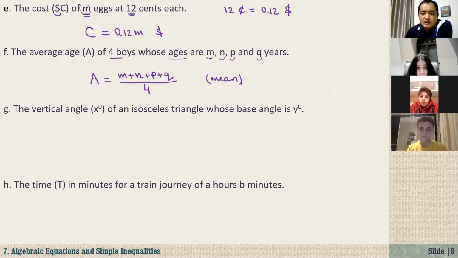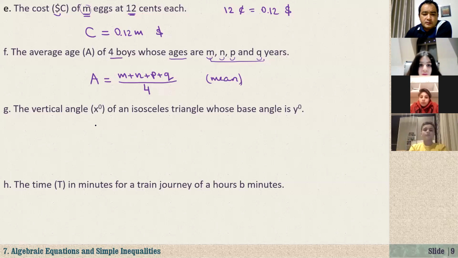That means the mean of these numbers M, N, P and Q, or the average means mean, the same thing. So the average of these boys, we should just add these numbers and divide by the number of numbers. Here we are talking about 4 people, we should divide by 4. If you're talking about 10 people, we should divide by 10. Anyway, Selin, your turn. How about question G?